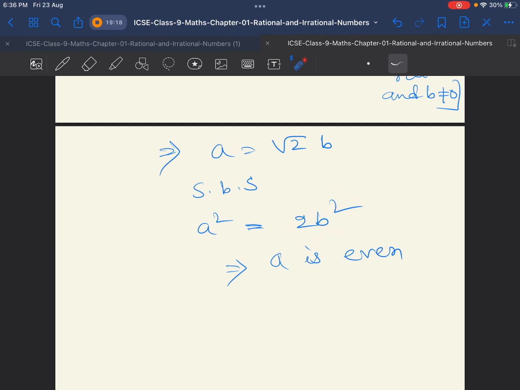So a square is an even number, so a is also an even number.